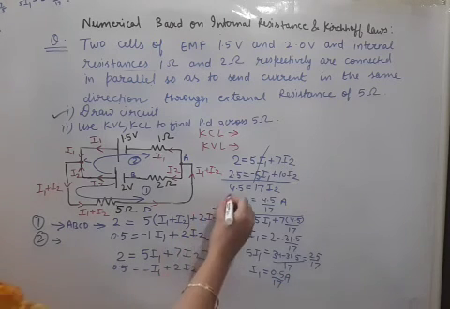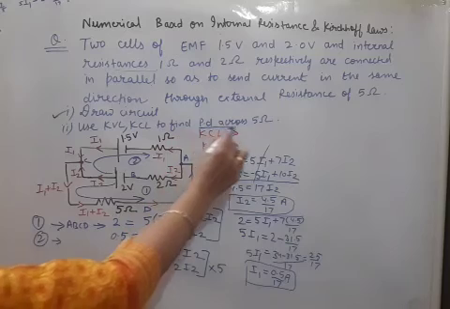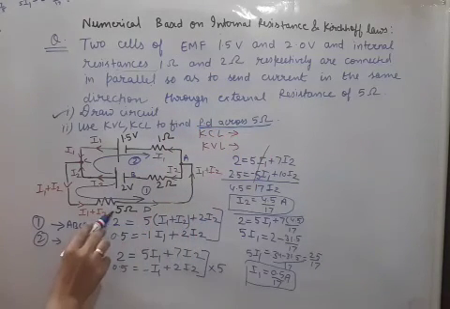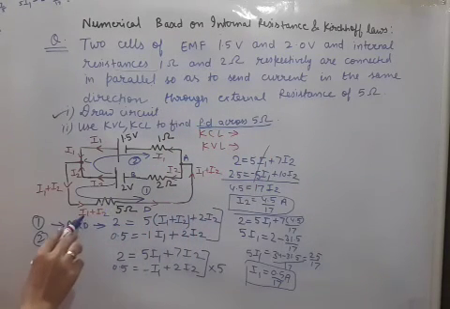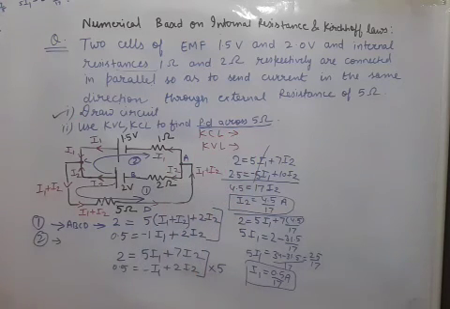So we have got two answers, I2 and I1. Now our next step is to find the potential drop across the 5 ohm. In the 5 ohm resistance, the total current flowing is I1 plus I2. So the last step is the potential drop across 5 ohm.